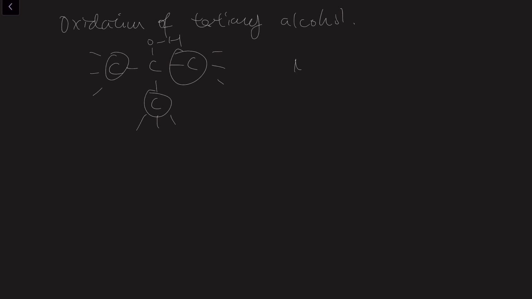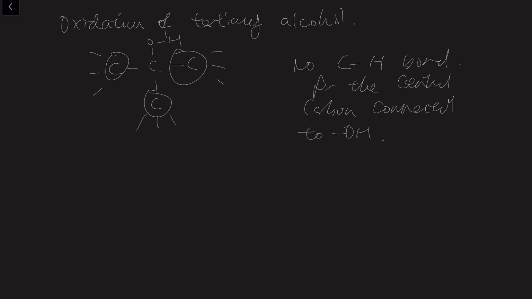So there's no carbon to hydrogen bond for the central carbon connected to the OH hydroxyl group. So there's no reaction. You cannot oxidize tertiary alcohol. It is resistant to oxidation.